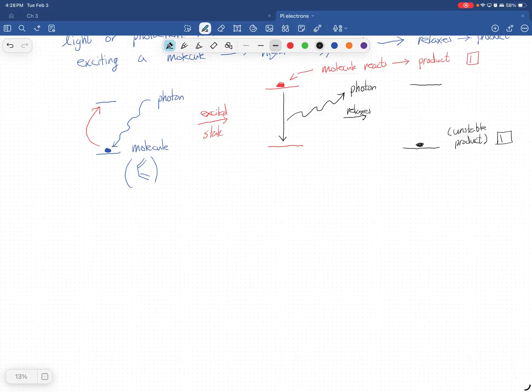You could dedicate maybe a third of a semester to just Diels-Alder. It's a pretty big field, it's still being studied today, and it's still very widely used. Chemists use it all the time, so it's an interesting reaction. Okay, but any other questions on chapter 14, the Diels-Alder reaction?